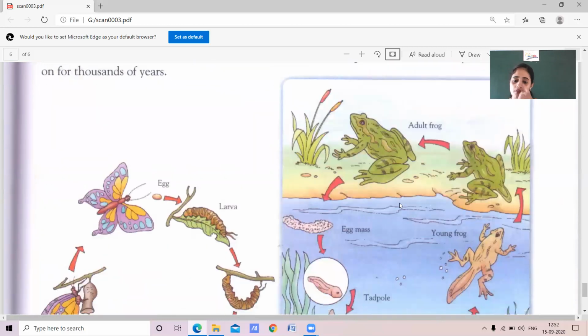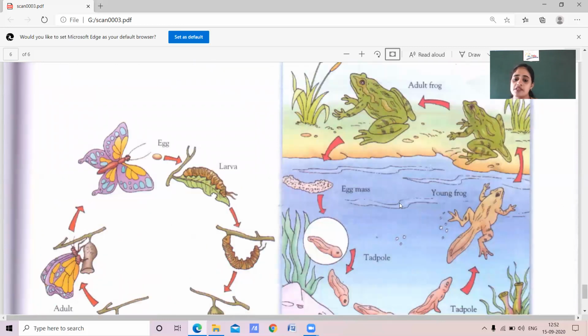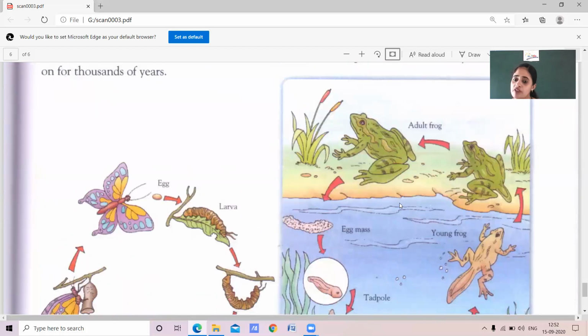Okay? See here, the life cycle of the frog. First, egg, then it develops into a tadpole, a young frog forms, and finally an adult. The adult again gives eggs, forms a tadpole, a young frog forms, and then an adult frog. Like this, the cycle keeps moving in a cyclic manner.